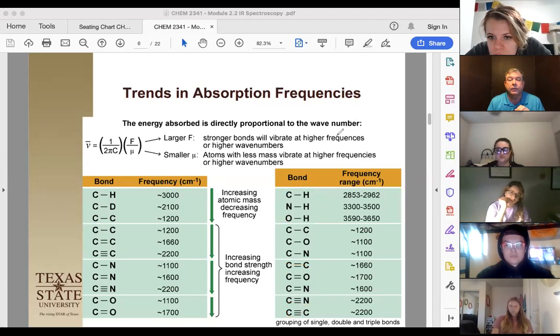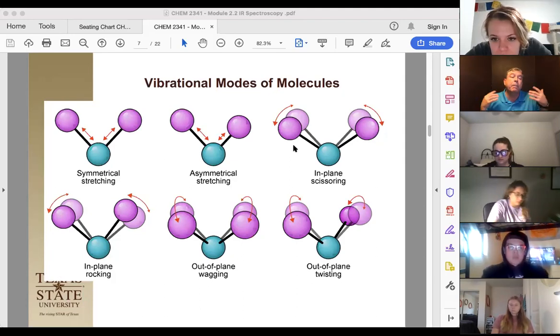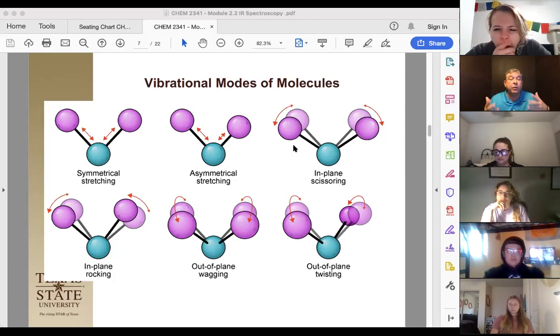All right. So when I say those bonds vibrate, we can also have the entire molecule vibrate as well. The simplest way is just to have the two atoms on a spring and they vibrate back and forth. However, if you have more than two atoms, you can actually have the entire molecule vibrate.